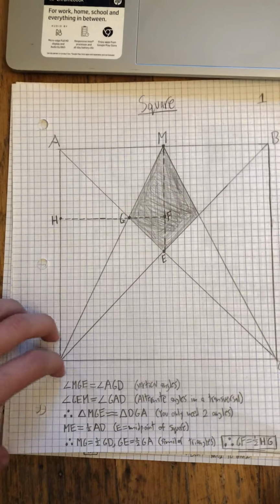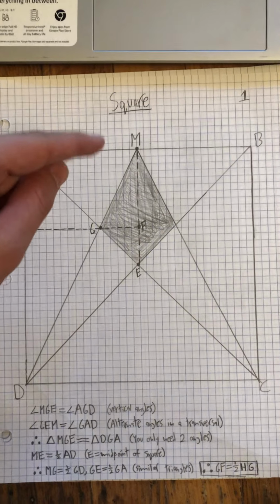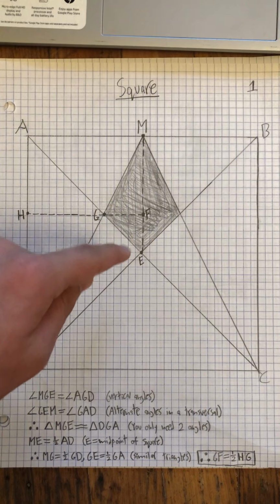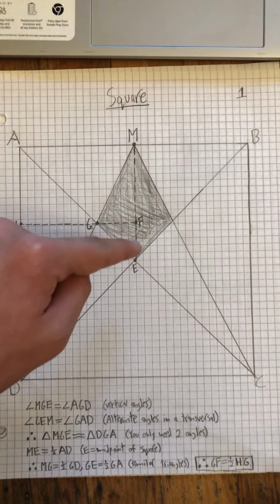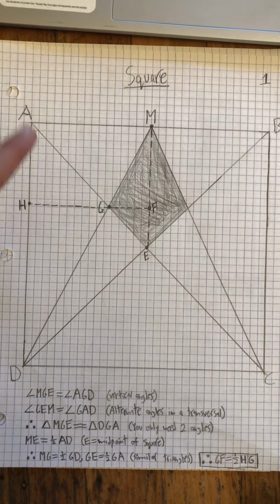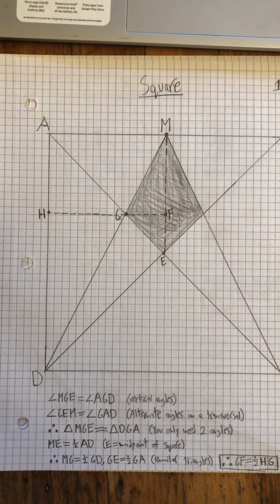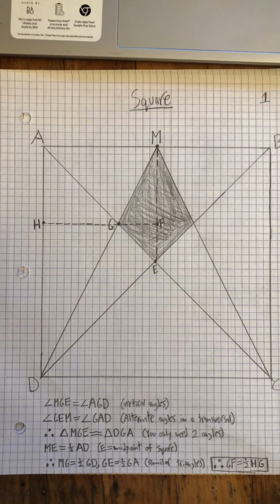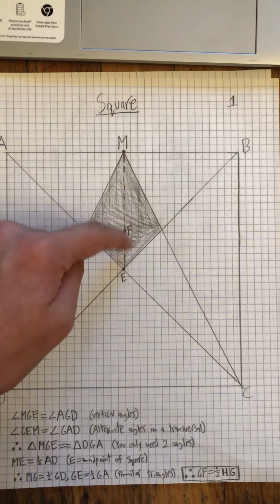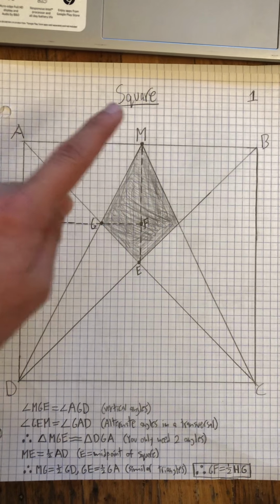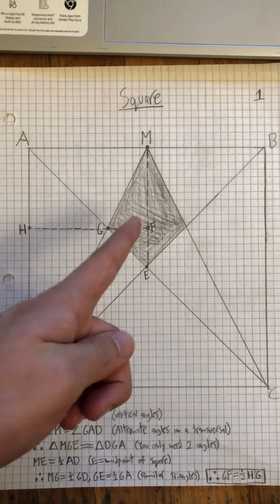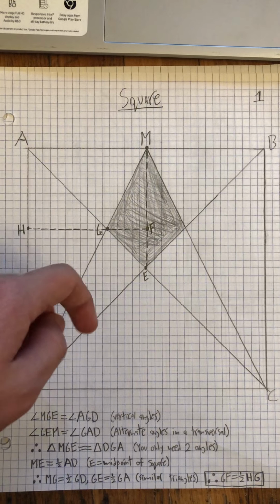Now we can start getting to solving. The most important part to know is that because E is the midpoint of the square, line ME is half the length of line AD. So this line is half of this line. Because we know they're similar triangles, once the base is half, then MG is half of GD and EG is half of AG, because if they're similar, the same ratio must apply to all three lines.